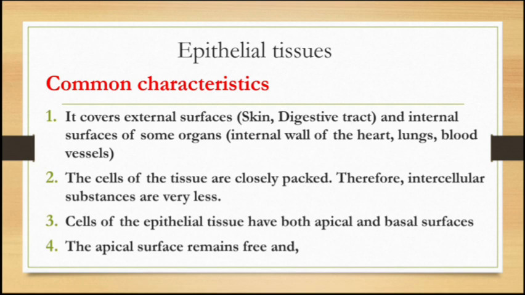This is the common characteristic of epithelial tissue. The cells of the tissue are closely packed. Therefore, intercellular substances are very few. So, in epithelial tissue cells are tightly bound, and cells of the epithelial tissue have both apical and basal surfaces.